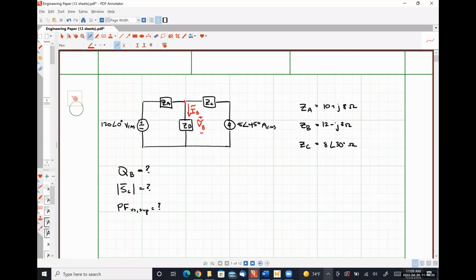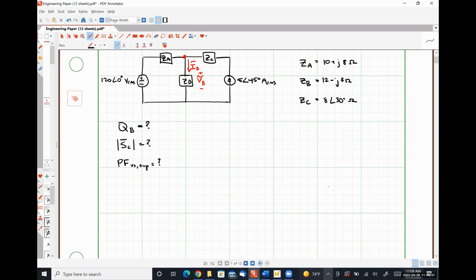So what I'm doing is I'm simply applying Kirchhoff's current law to this node. And so what that will result in, let me do it in not red so it's not quite as abrasive on the eyes, I will have VB minus 120 angle 0 degrees volts RMS divided by my impedance ZA.